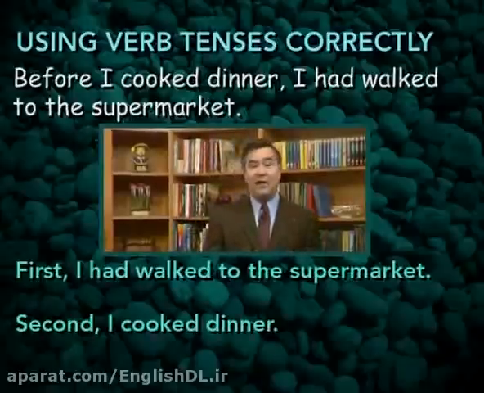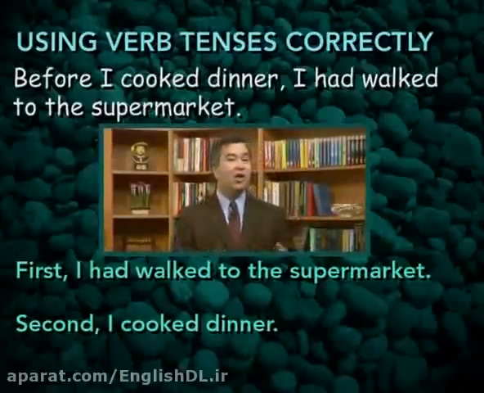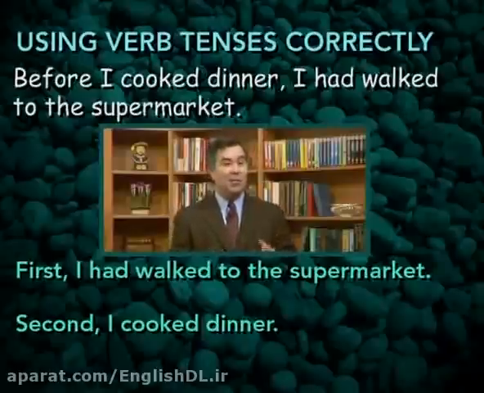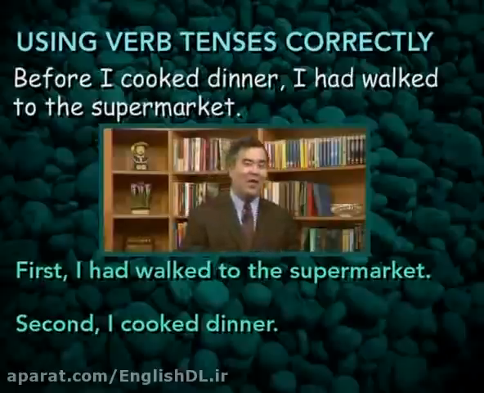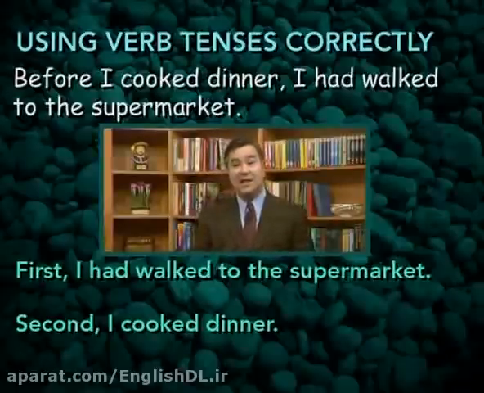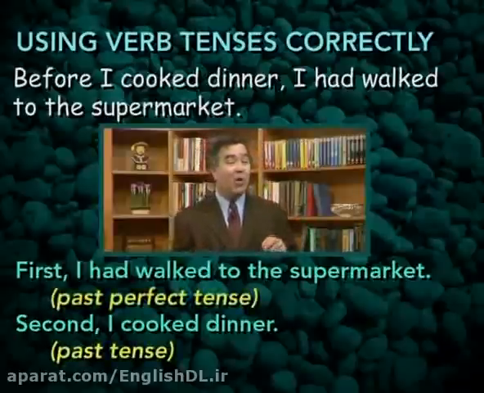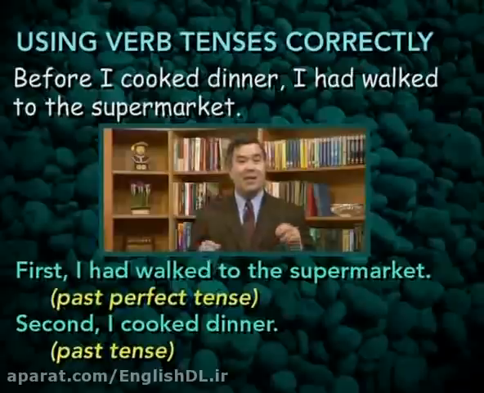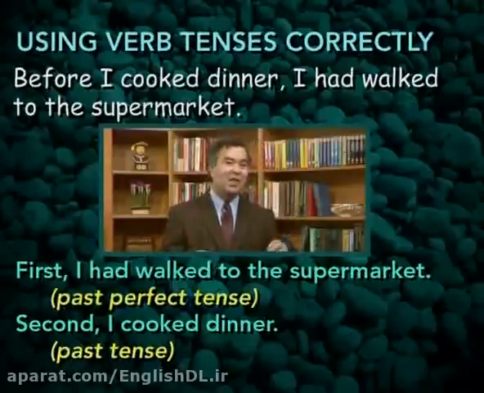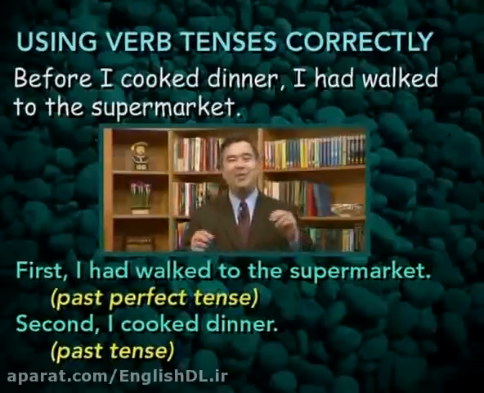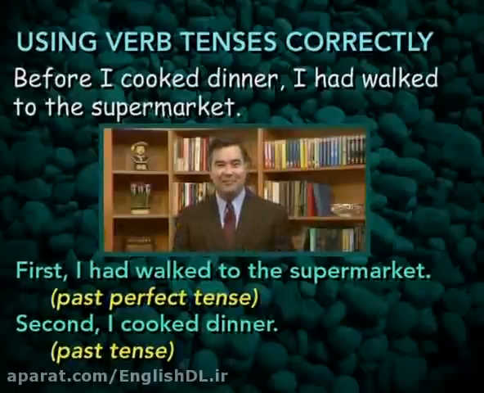Both are past events, so the proper way to show the time sequence here is to put one event in the past and the event that happened before that in the past perfect tense. And that's done correctly in this sentence. I cooked dinner is in the past tense. I had walked to the supermarket is in the past perfect tense. And that shows that that event happened before the cooking of the dinner.